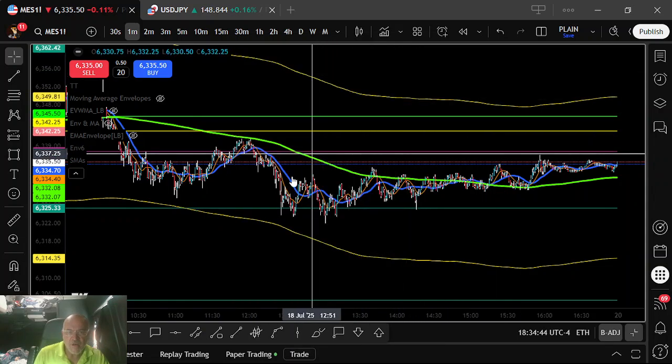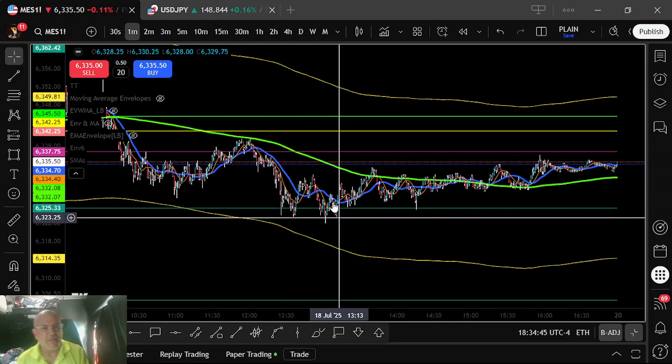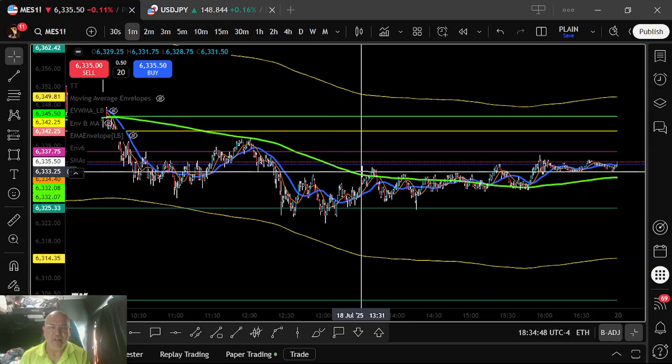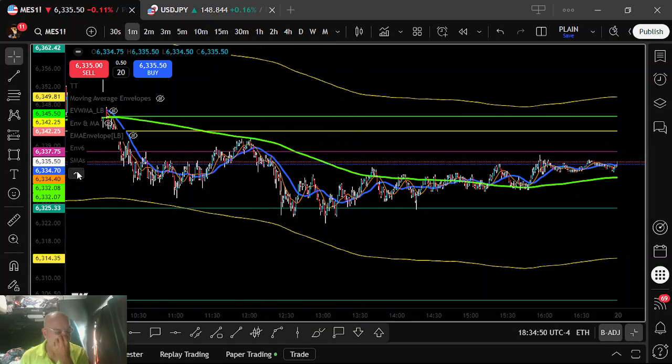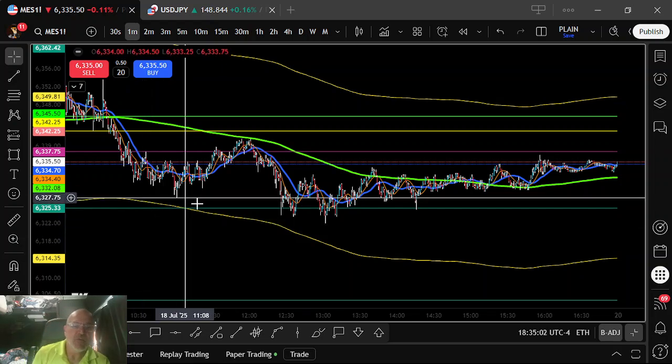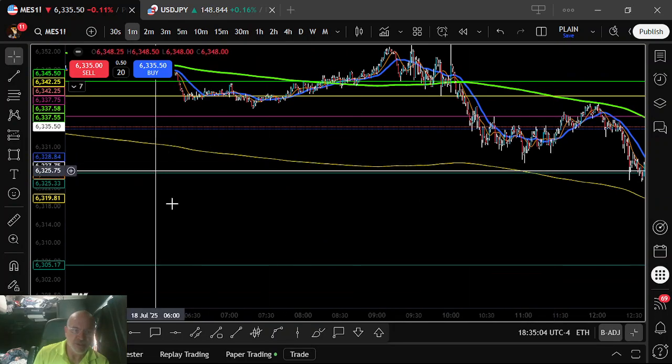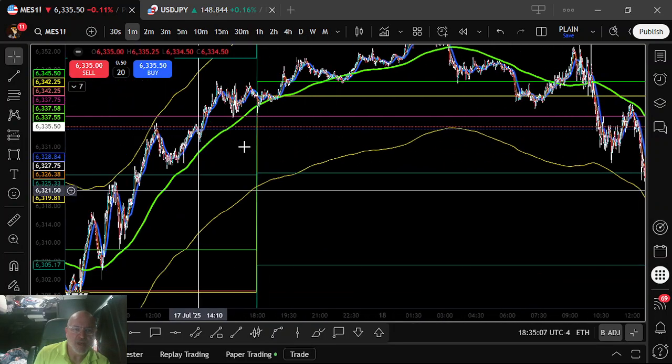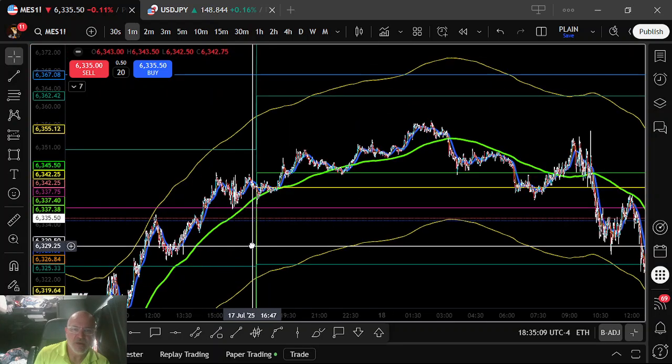So that gives us our upper and lower bands from the 200 moving average. Basically it is pretty much the maximum deviation you will have on a 1 minute chart from the 200 period moving average. It will on occasion break through, but not very often.